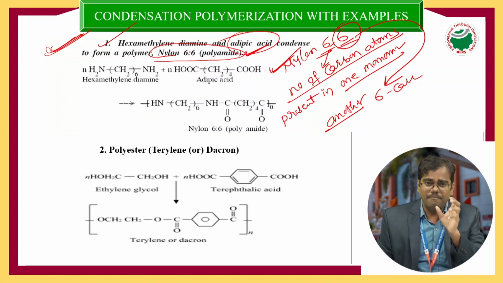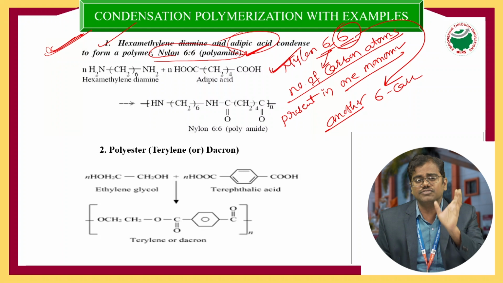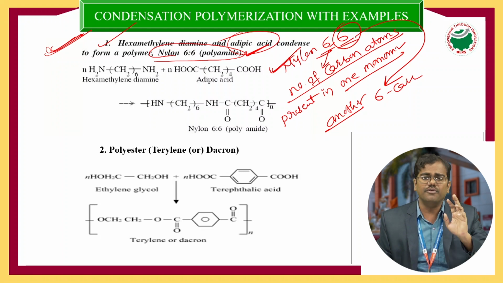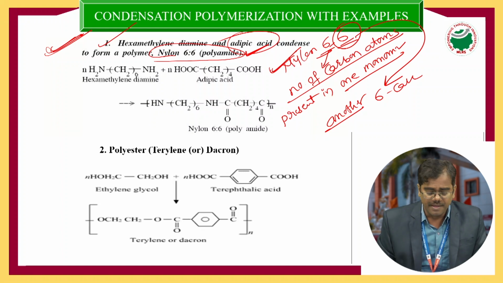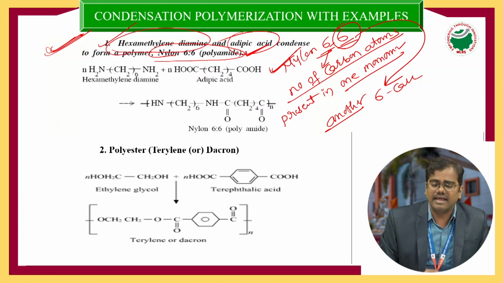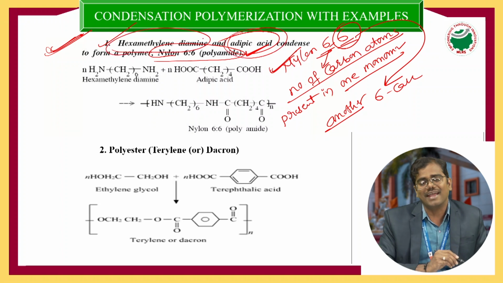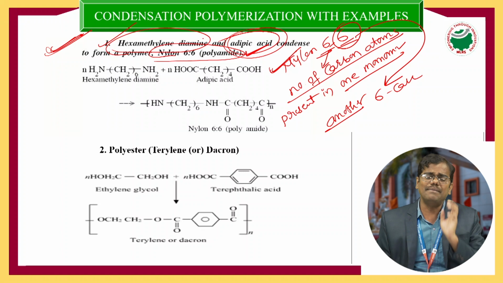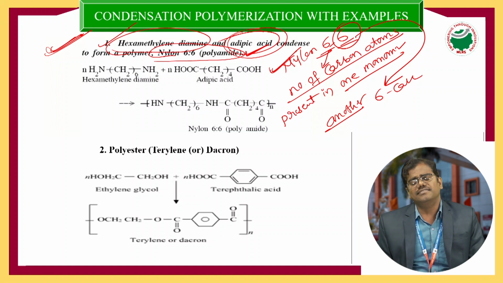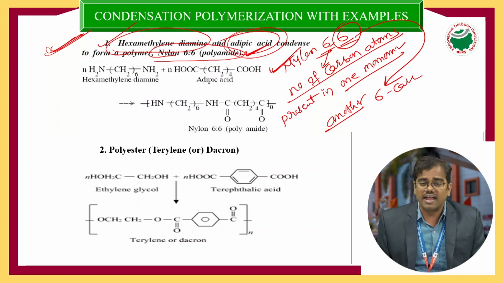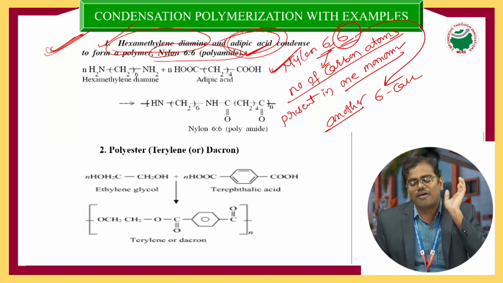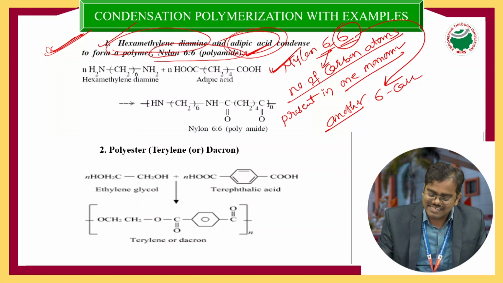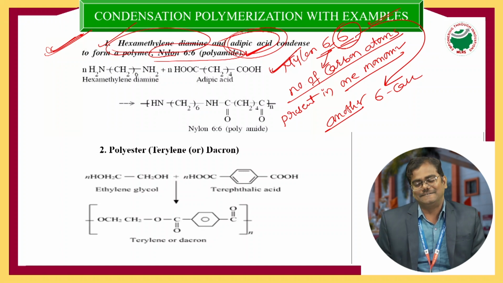So for the synthesis of nylon 6,6 we use two different monomers: hexamethylene diamine and adipic acid. These two monomers undergo condensation polymerization, and finally lead to the formation of nylon 6,6, a polyamide.